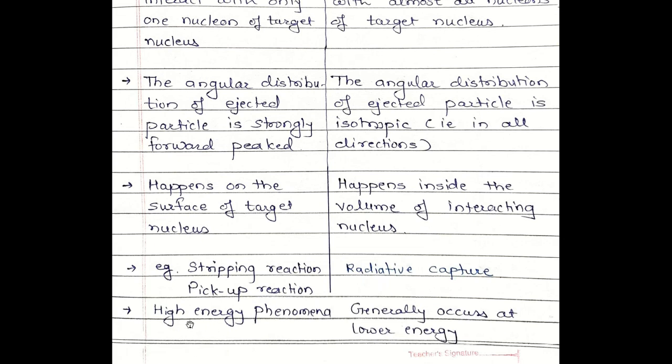Generally, direct nuclear reaction is a high energy phenomenon, and comparatively, CNR is a low energy phenomenon. The examples of direct nuclear reactions are stripping reactions and pickup reactions, wherein only one nucleon either could be absorbed or could be ejected.